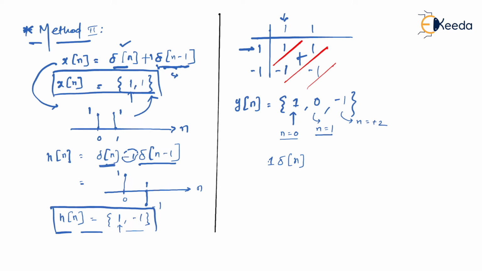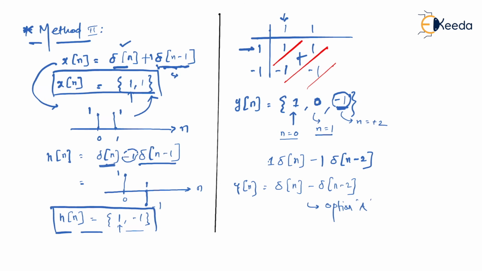At n equal to 1, there is nothing present, so there is no impulse at n equal to 1. But something is present at n equal to 2, so I can represent this as δ[n-2]. And the amplitude is -1, so the coefficient is -1. So finally you can write it like this: δ[n] minus δ[n-2], and this is simply your y[n], which is your option A, right?